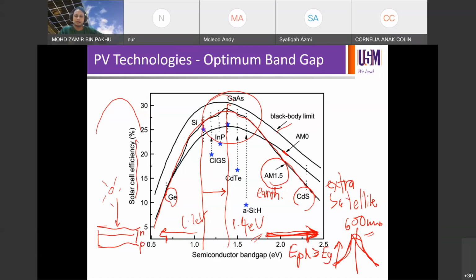High EG, the band gap is very high, the barrier is very high. Harder, right? So harder for the photon to be absorbed. As a result, you will not be able to generate so many electron hole pairs. As a result, you will end up with low current from the solar cell.